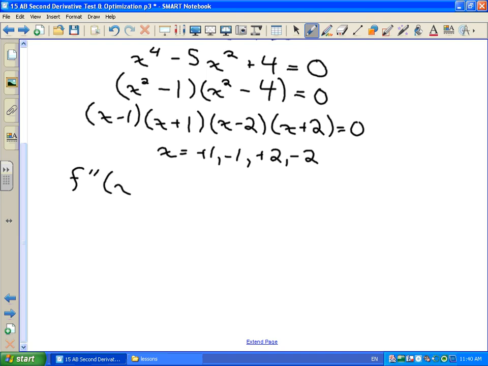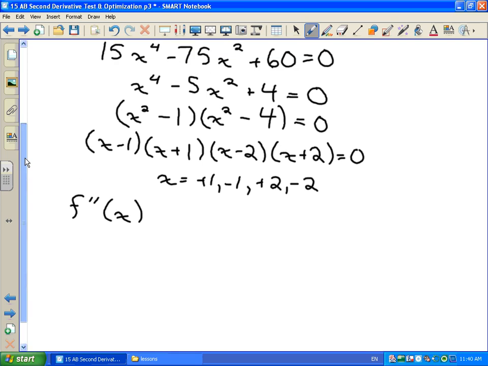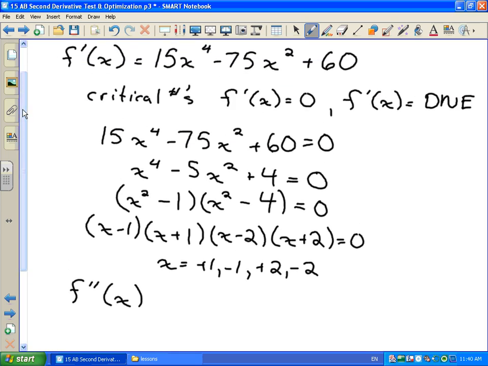So we'll go back to the derivative of our function, and we will take the second derivative here. So we've got 4 times 15, which is going to give us 60x cubed minus 150x, and that's all we need.